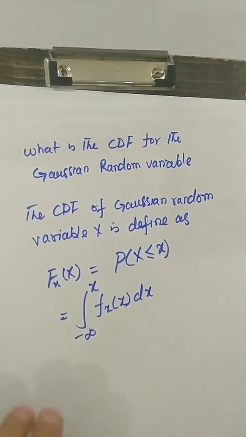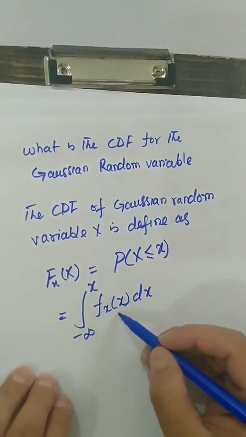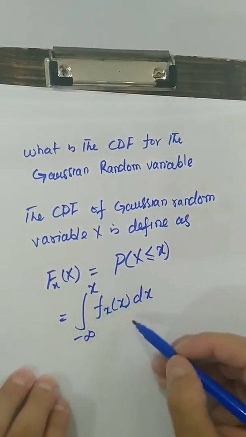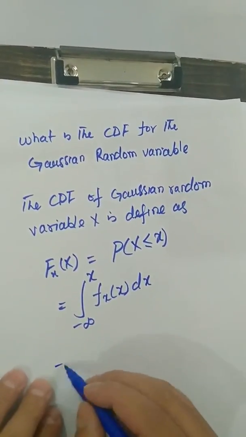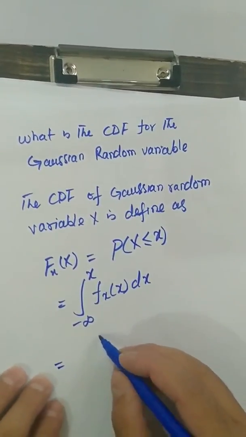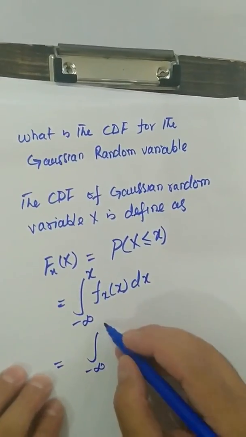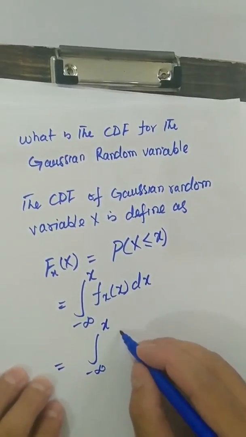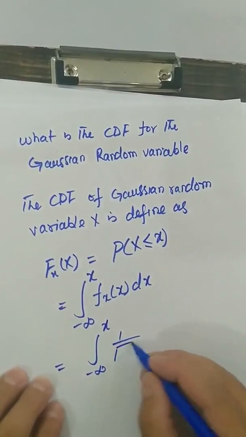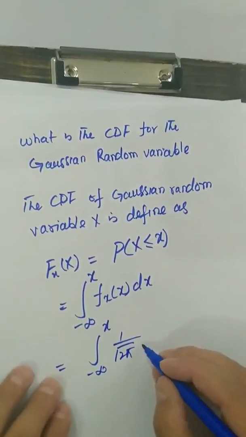Now incorporating the PDF in this integral, we will get integration from minus infinity to x of 1 over under root 2 pi into sigma.